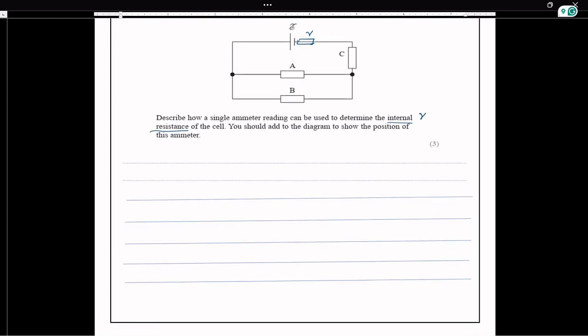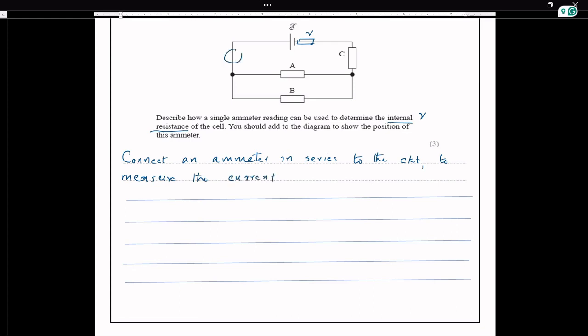So we connect the ammeter in series to the circuit and measure the current.